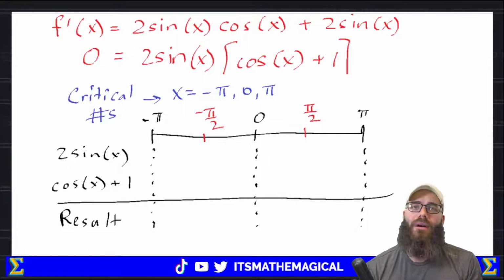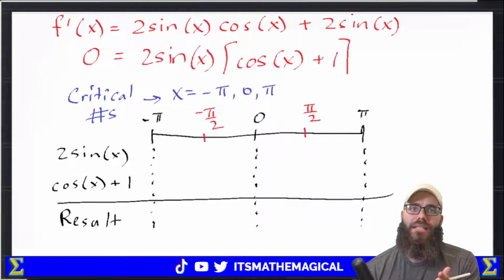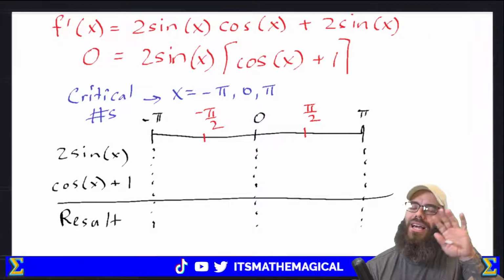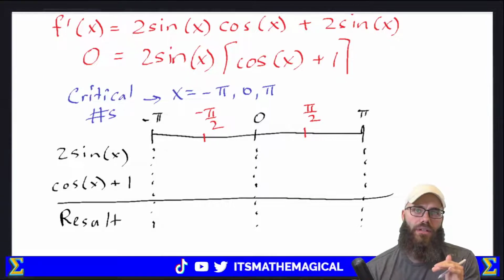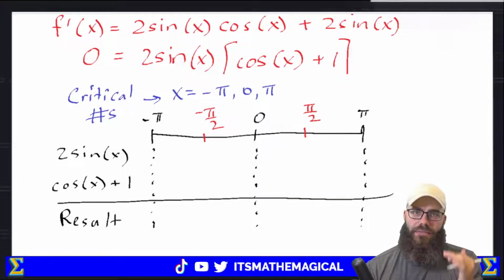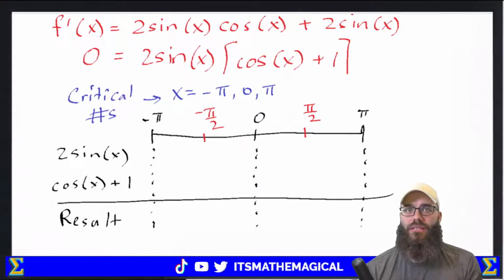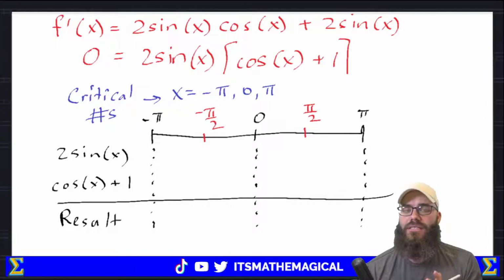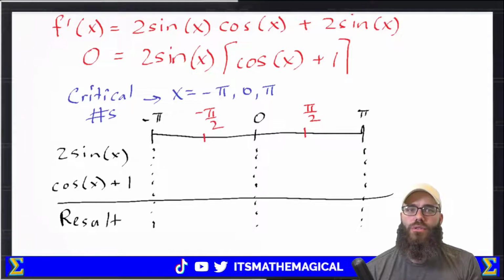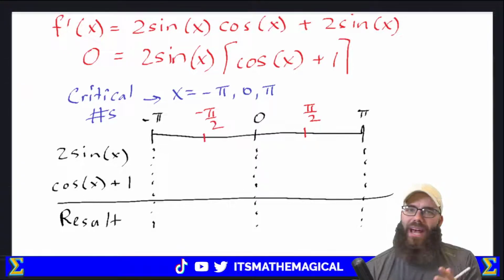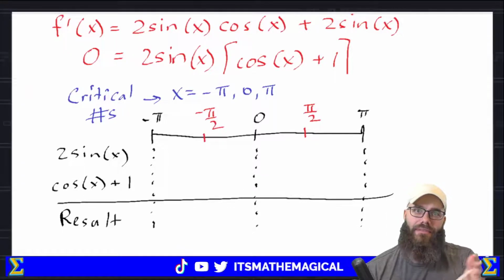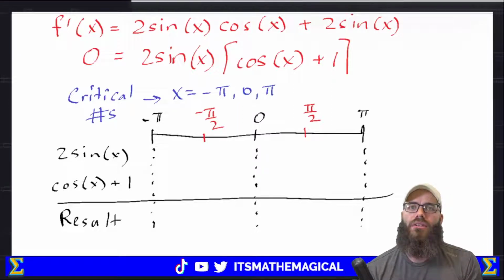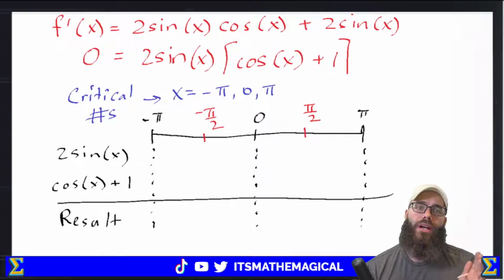What I mean by these testing points is that I want to plug them into each of my factors and see whether each factor is positive or negative, and then finally find the result. That's going to tell us where our function f of x is either increasing or decreasing. If I plug negative pi over 2 into 2 sine x, I don't care about the exact value, I only care whether it's positive or negative.